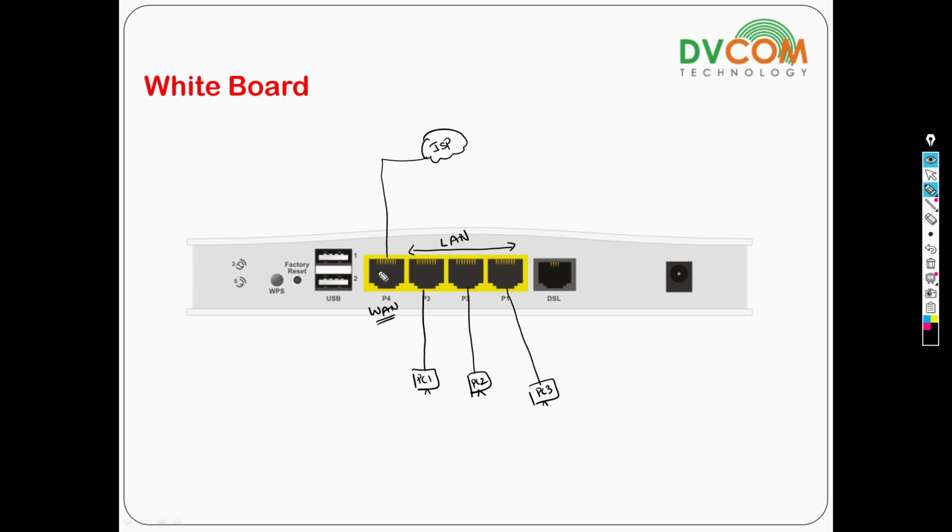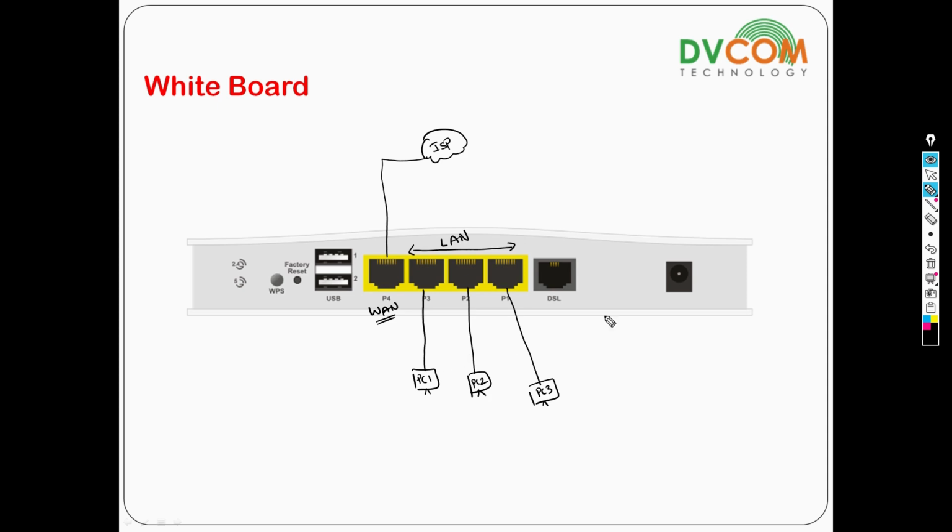Also, from this device you can directly establish a VPN, in case you want to communicate to remote locations. That's the beauty of DrayTek. If it is a small deployment, you can use these three LAN ports directly as switch ports and connect your end devices, so you don't require a separate switch.